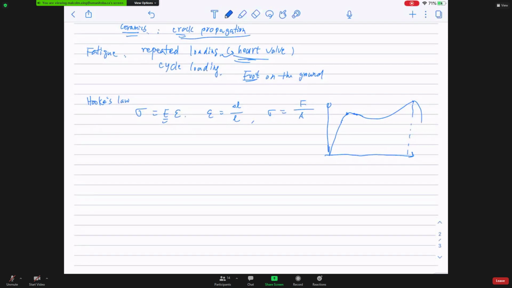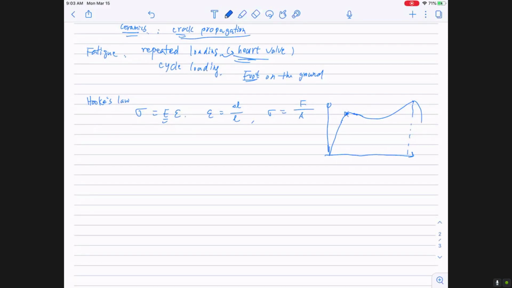We generally put this point as the yield point. This part we call the elastic region.